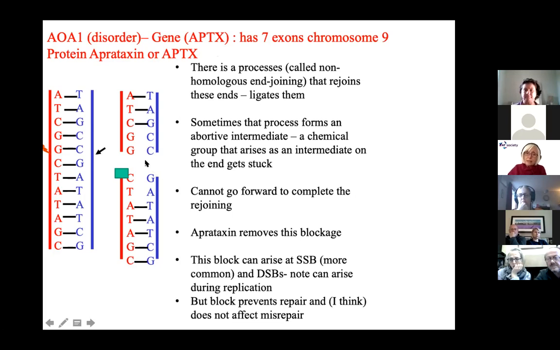It makes sense, because you've got this lesion causing a block, so you're not getting misrepair. So from a cancer perspective, it's not inducing cancers as ATM is.